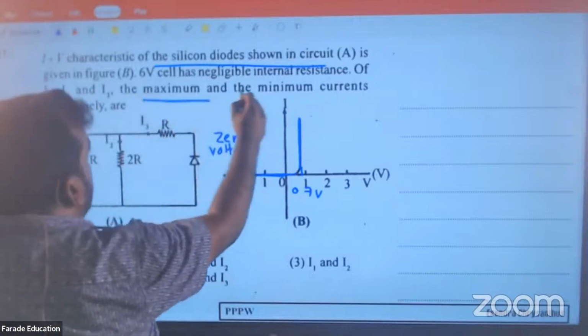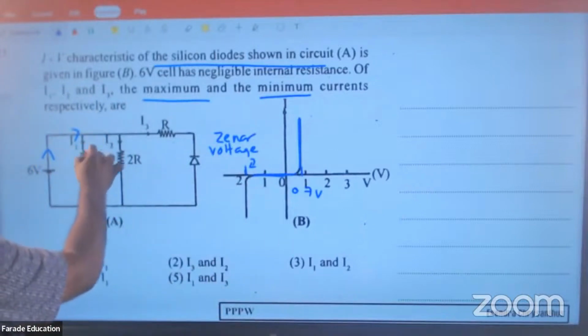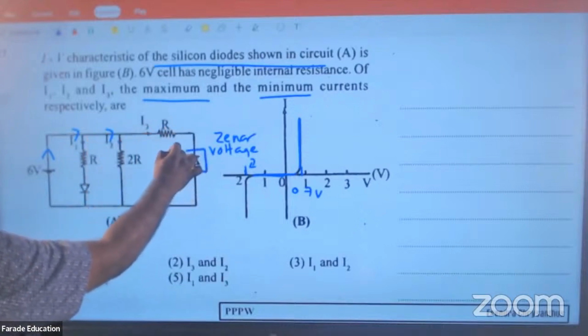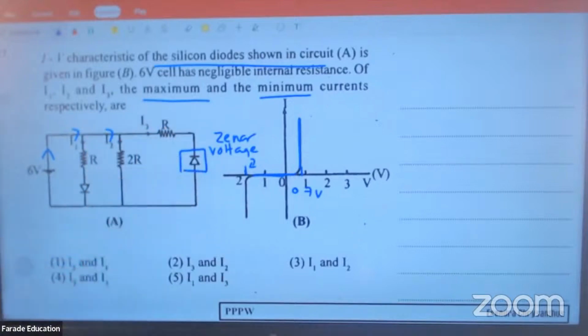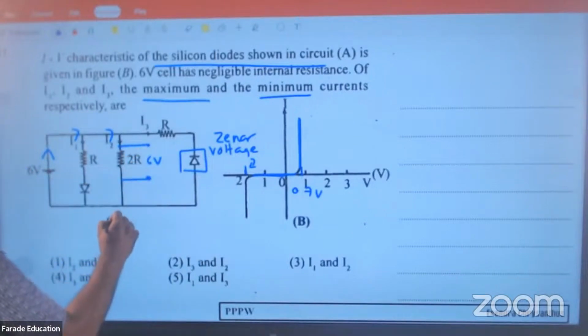The maximum and the minimum currents in the circuit are asked. So current will pass through this, and here reverse bias is there. Think carefully. Here 6 volt, here 2R. Here also 6 volt. 6 volt divided by 2 is 3, no?